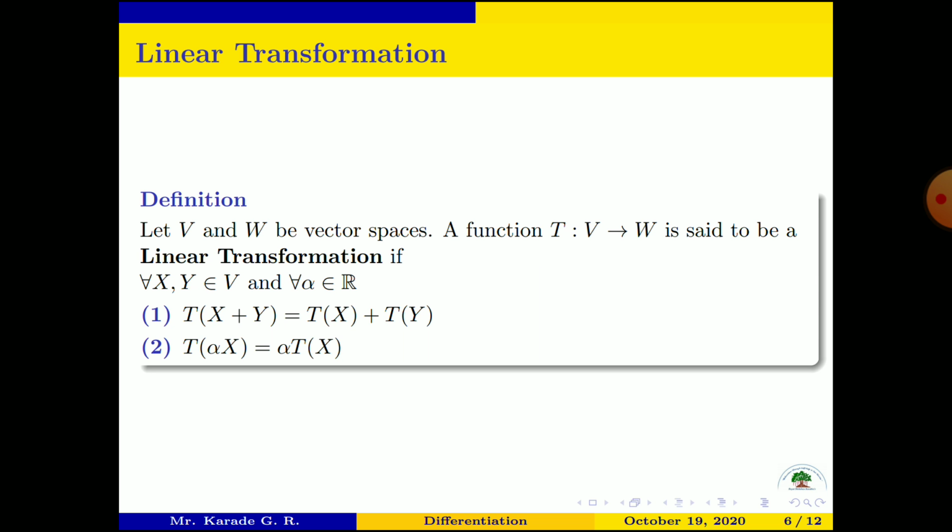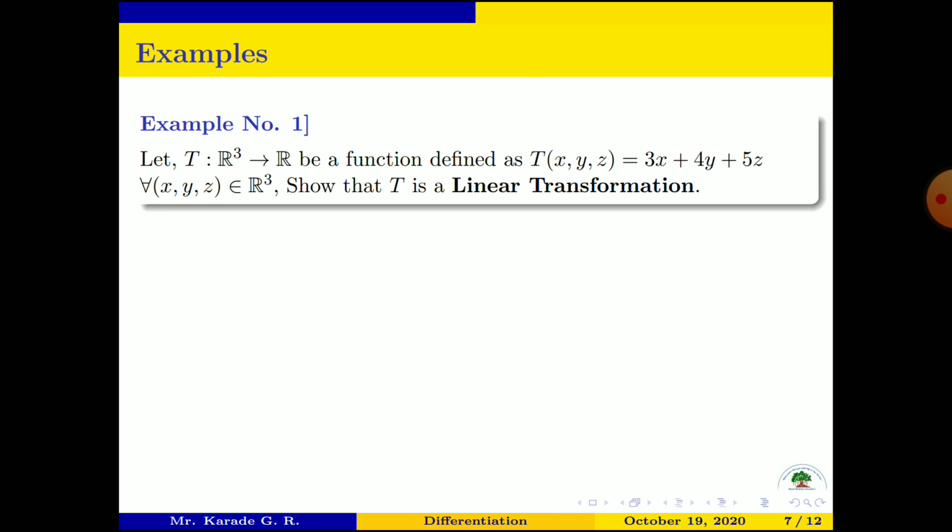So when we operate this operator T on alpha x, then we get alpha as a scalar outside and T is operating on the vector x. So if our function T satisfies these two conditions, then we can say that T is a linear transformation from the vector space V to vector space W.